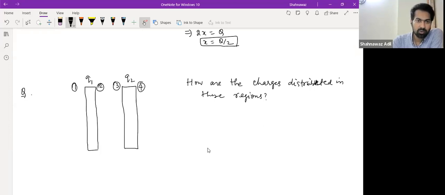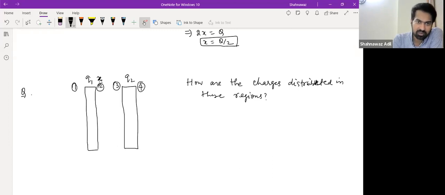So what we know is that if we assume that this plate, this side has X charge, okay. If this side has X charge, so this plate is facing this plate. So if these plates are facing each other, the electric field inside these regions would be zero.